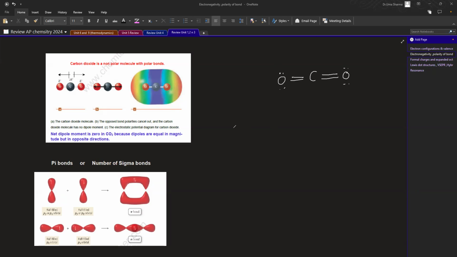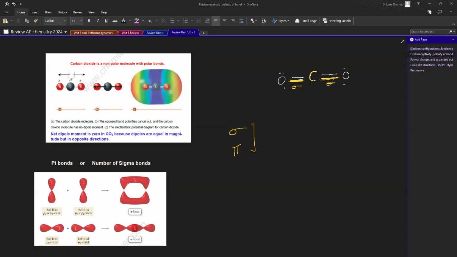Sigma and pi bonds. Now I'm going to tell you all things in a very simple manner. When the central element makes its first bond with another element, like this one, this is sigma. This carbon is making this bond. Any out of these two, the first bond is sigma.